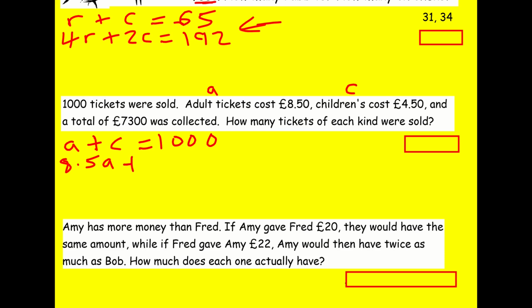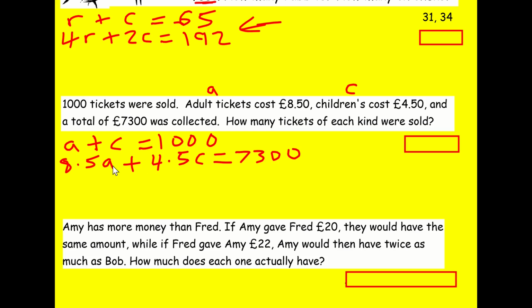And then how much are we going to make from selling the children's tickets? Well, each one is £4.50. So if I sold 2, it would be £4.50 times 2. But I've sold C, so it's 4.5 times C. And then the total amount raised is 7,300. And I've created another 2 simultaneous equations which I can solve.